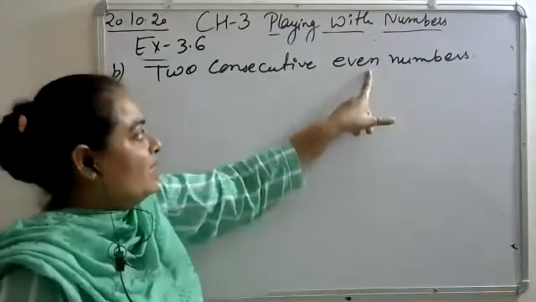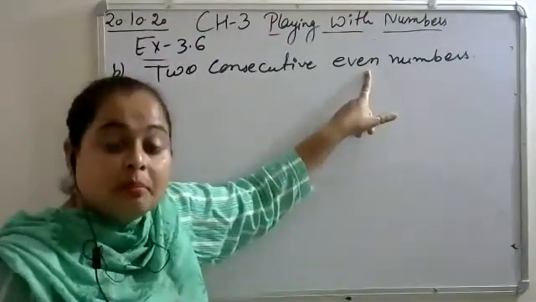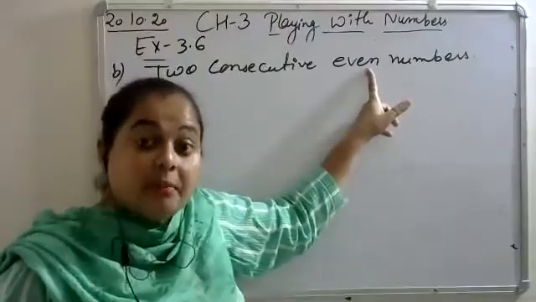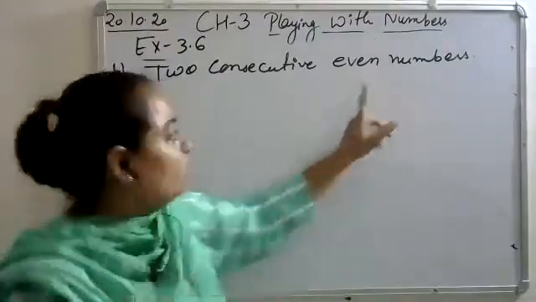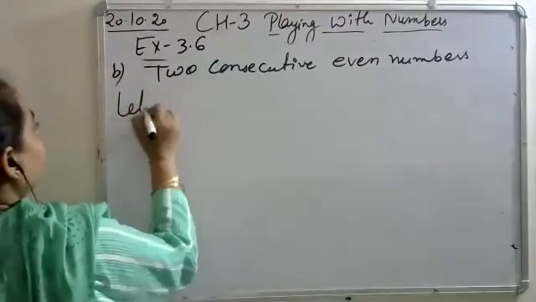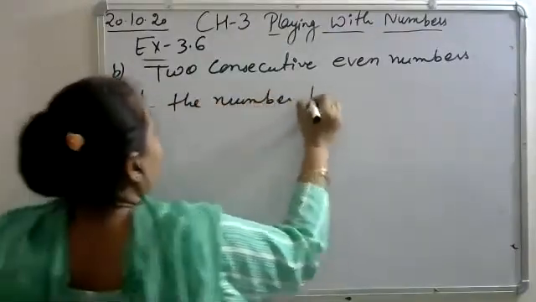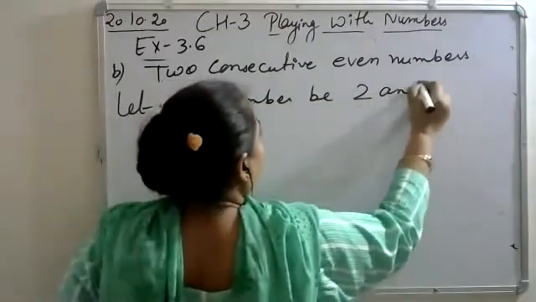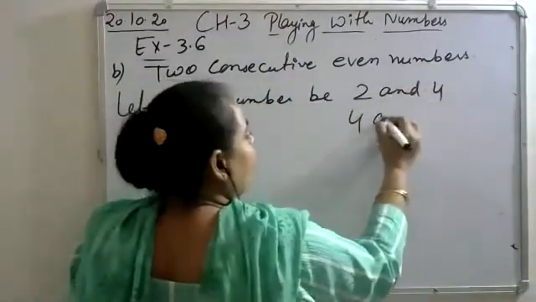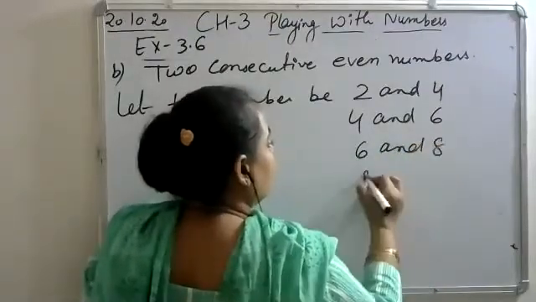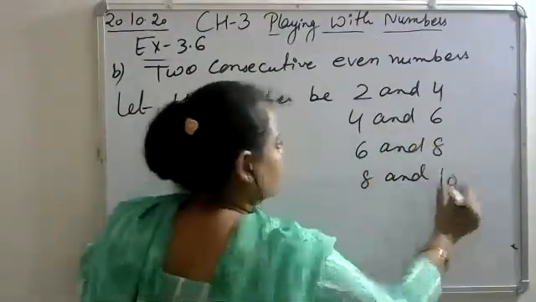Consecutive even numbers. What are even numbers? Even numbers are multiples of 2. So let the numbers be 2 and 4, 4 and 6, 6 and 8, 8 and 10.